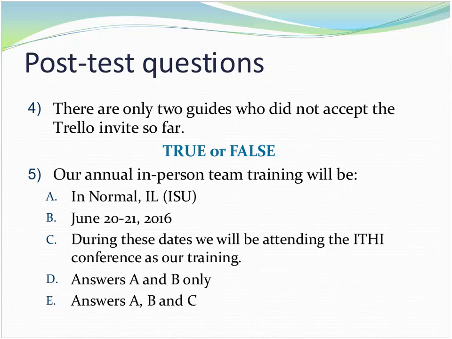All right, question 5. Question number 5, our annual in-person team training will be A, in Normal, Illinois at ISU, B, June 20th through 21st, 2016, C, during these dates we will be attending the ISTE conference as our training, D, answers A and B only, or E, answers A, B, and C. All right, excellent.